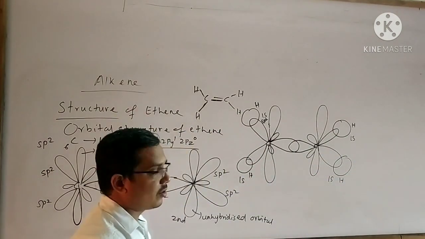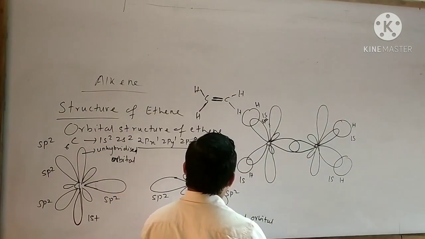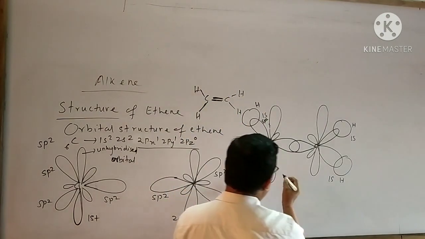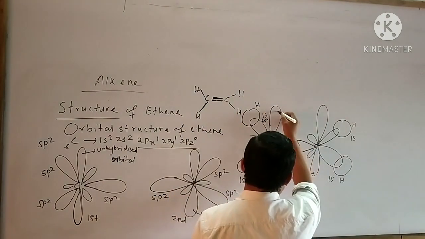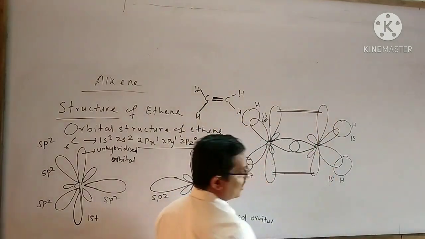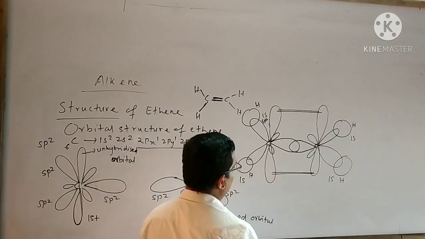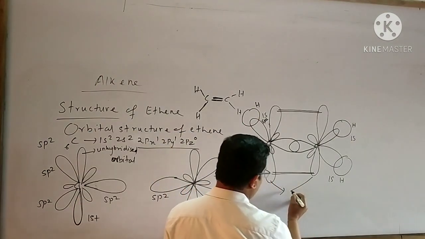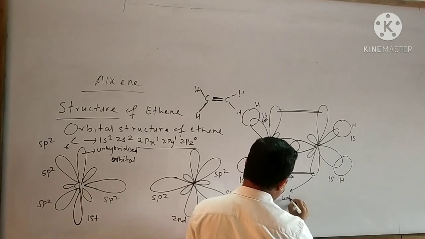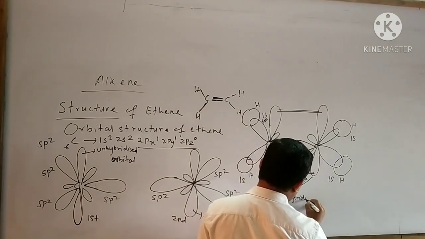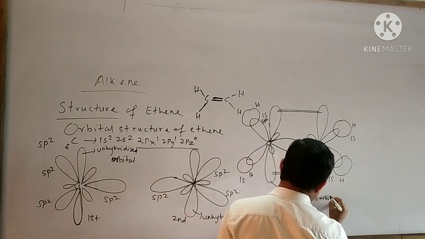Now I want to show the pi bond. To explain this pi bond, I show the unhybridized orbitals overlapping sidewise. These are the unhybridized orbitals. These are the sp2 orbitals.